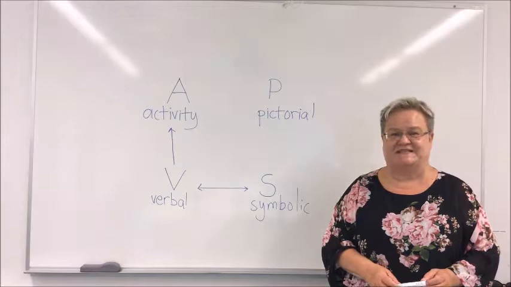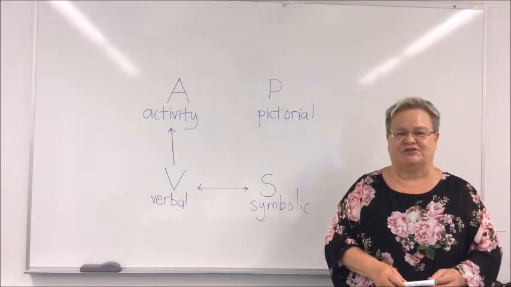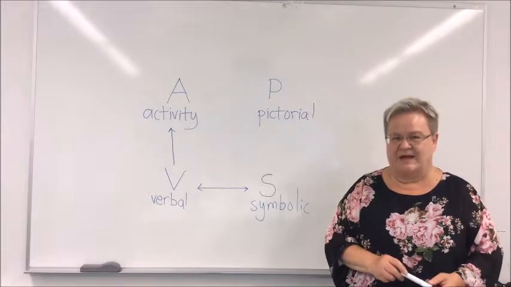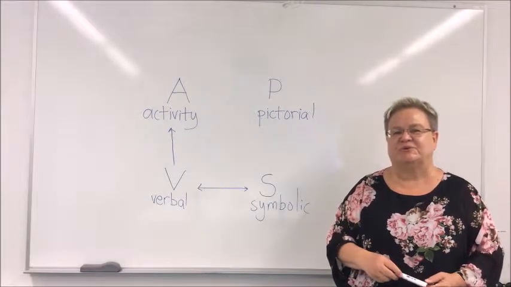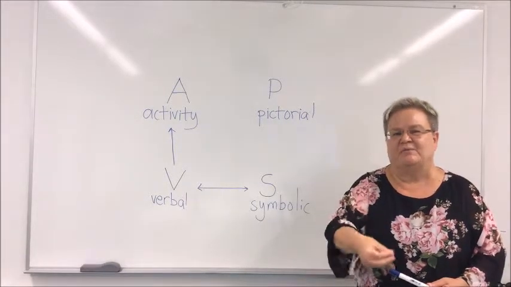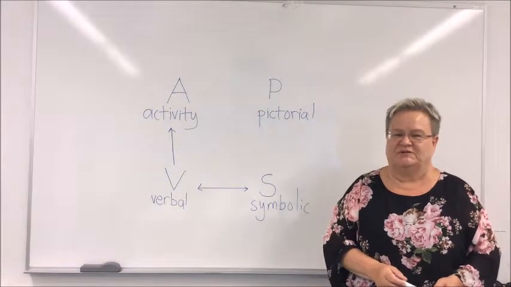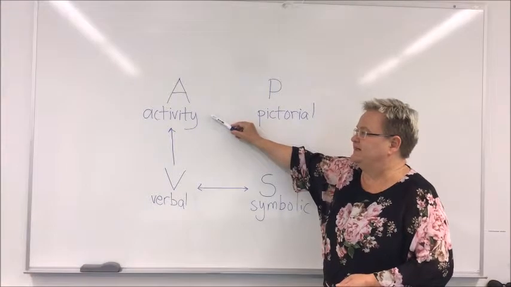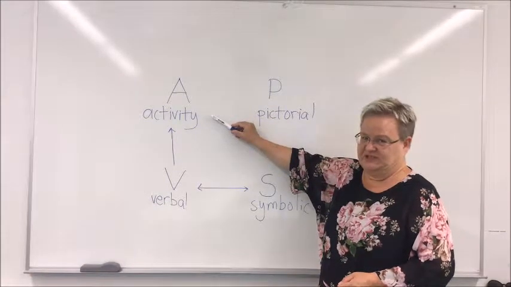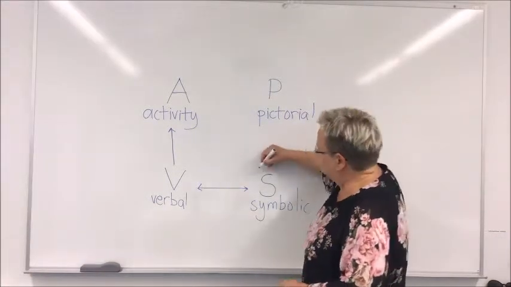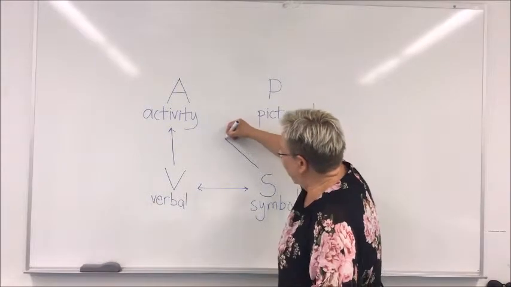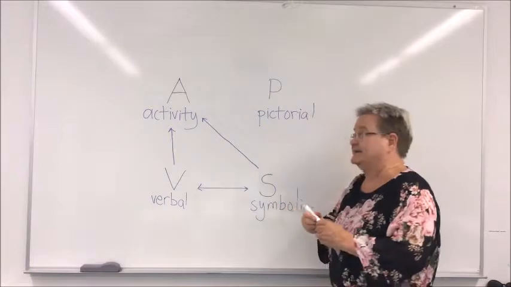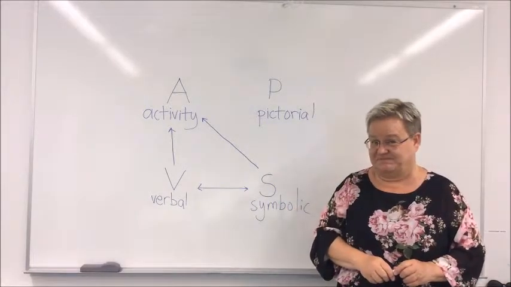In that activity, the child first saw the number symbol, and she had to put the right number of blocks according to that number symbol. So she had to produce the activity representation. So the movement in that activity was from the symbolic representation to the activity representation.